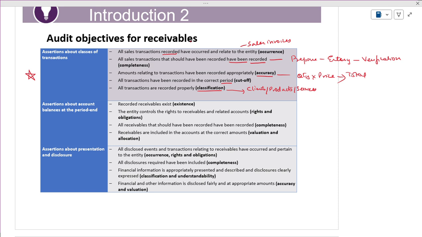Completeness: the transaction should be recorded once it is done, and the transactions have been recorded as recorded. Is it 1, 2, 3, 4, 5 sequence-wise? The third one is that it should be recorded with respect to the amounts: accuracy, cutoff and classification.